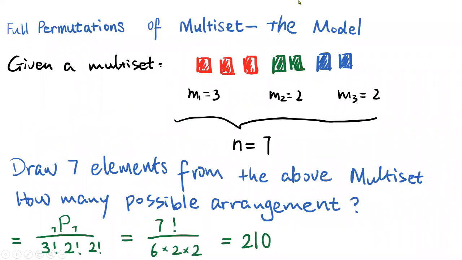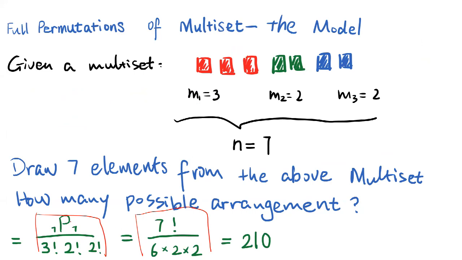Okay, so let's make a summary. If we have a multiset of 3 red identical blocks and 2 green identical blocks and 2 blue identical blocks, the total number of full permutations on this multiset is 7 factorial over 3 factorial times 2 factorial times 2 factorial.